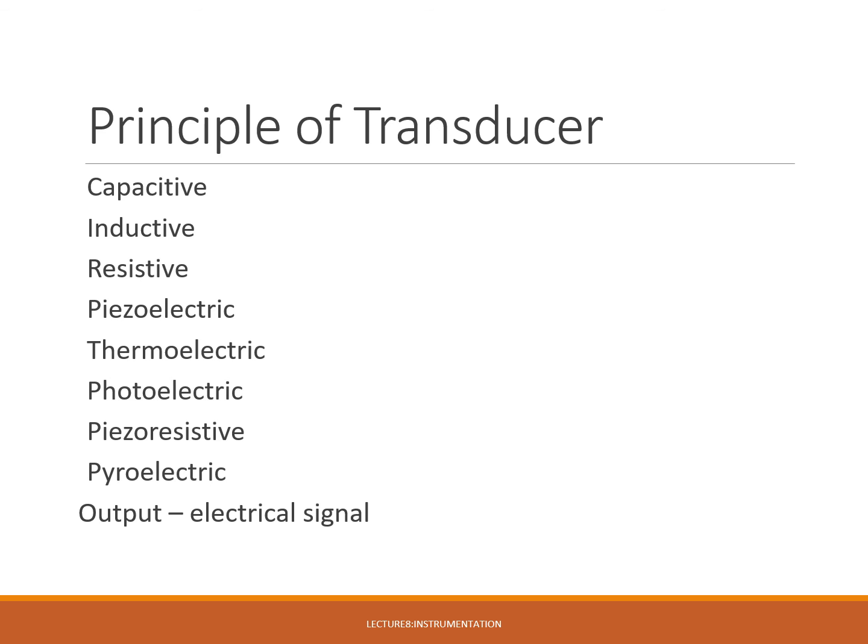So this is a few types of principles used in designing a transducer, basically a sensor here. In this instrumentation course, normally we talk about sensors. We focus on sensors, not on actuators.